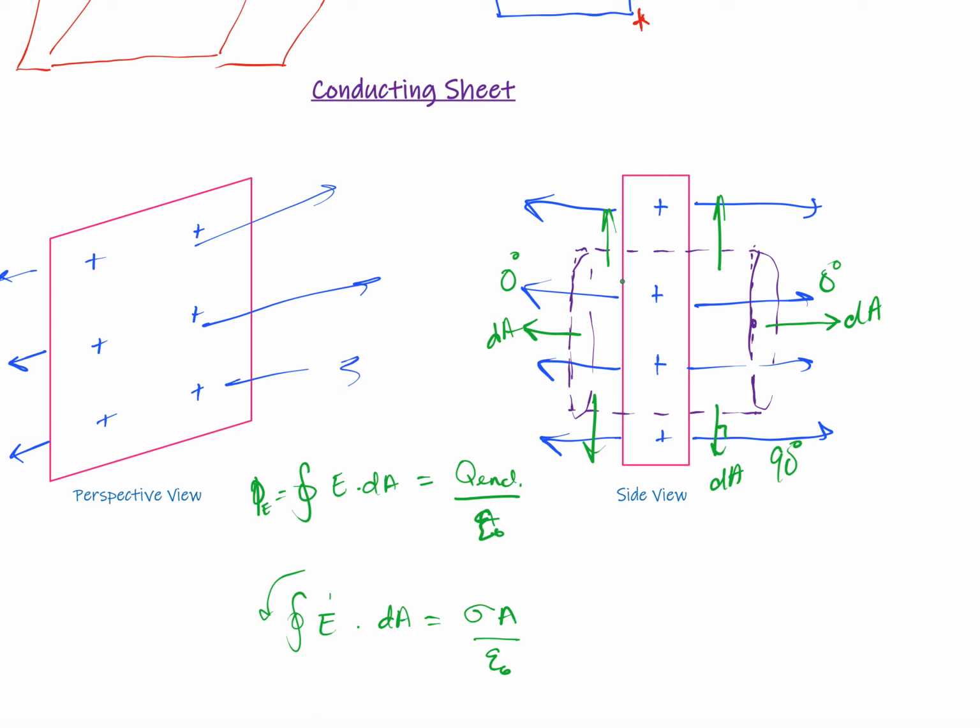And remember, it's symmetrical, so this distance on this side and this side have to be the same. Okay, so I'll go ahead and write it over here. E integral dA is equal to sigma A over epsilon naught.